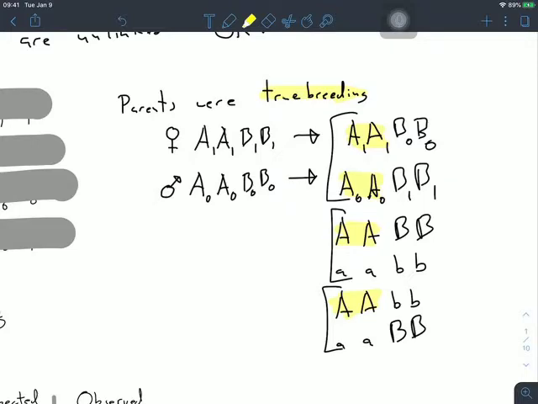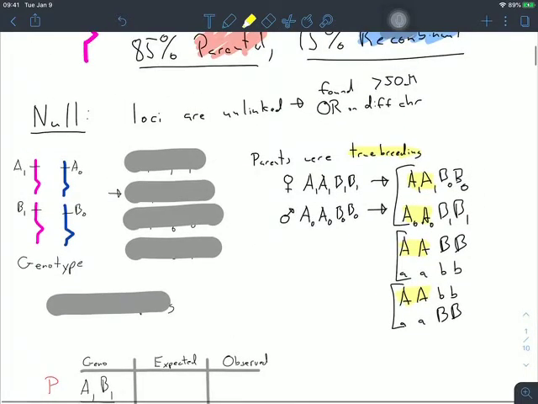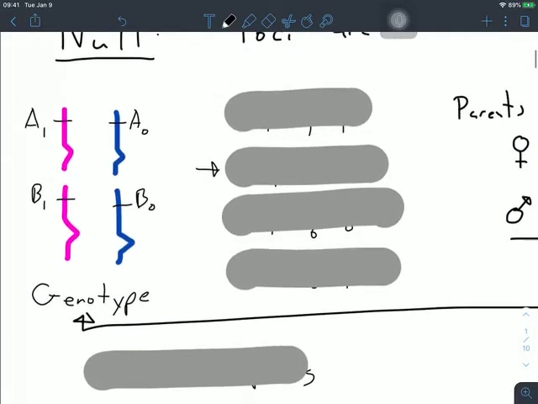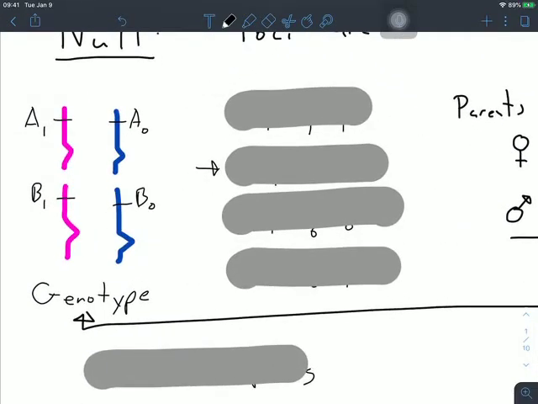Make sure you understand what it means to be true breeding. But back to our point, we know that our parents were true breeding, and therefore, when mom crossed dad in this case, they generated a hybrid baby. That means that the child got an A1 from mom, and a B1 from mom, and an A0 from dad, and a B0 from dad.